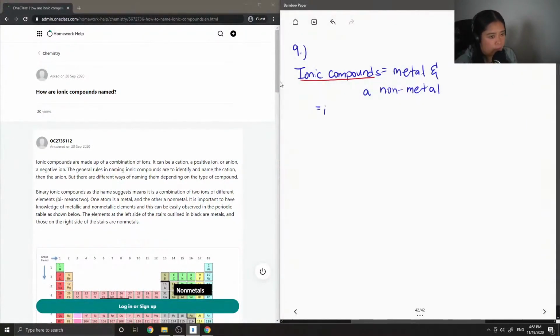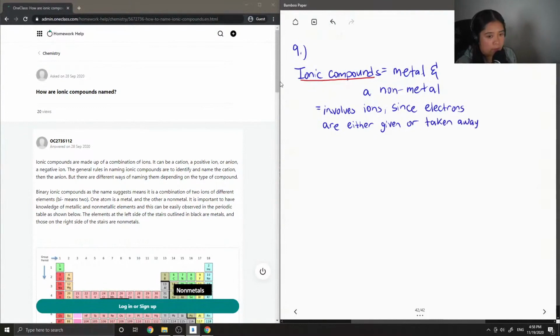And it also involves them as ions, since electrons are either given or taken away.